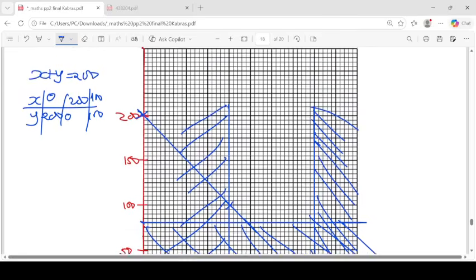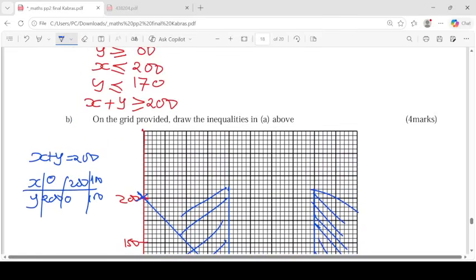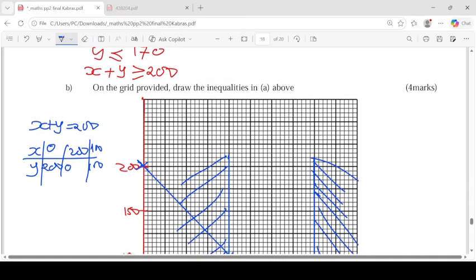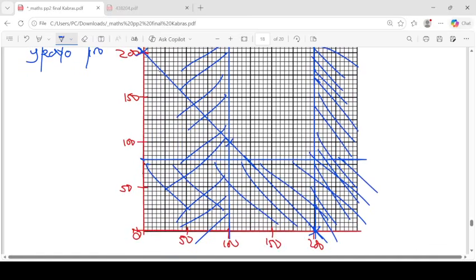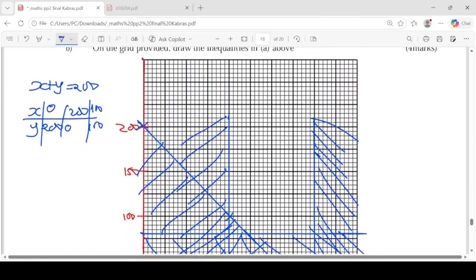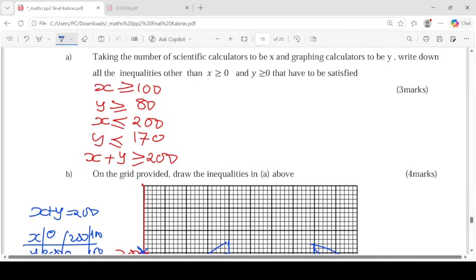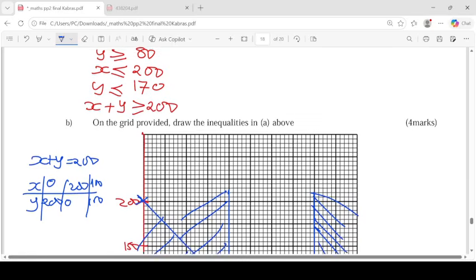But now x plus y should be greater than or equal to 200, meaning we are shading the upper side of this. Now you can see, do we have any equation bounding? Y should be less than or equal to 170.